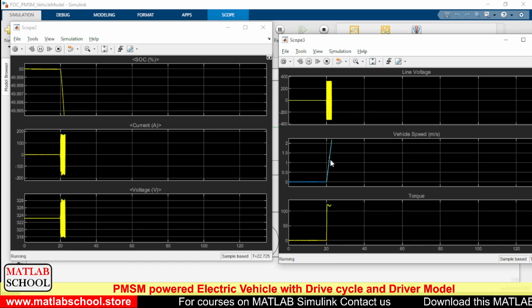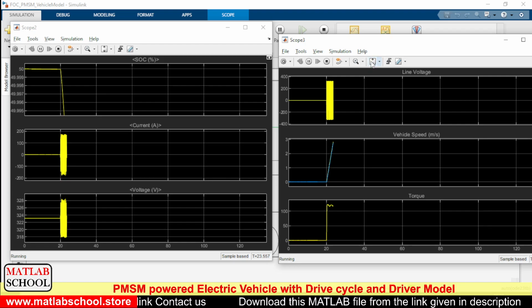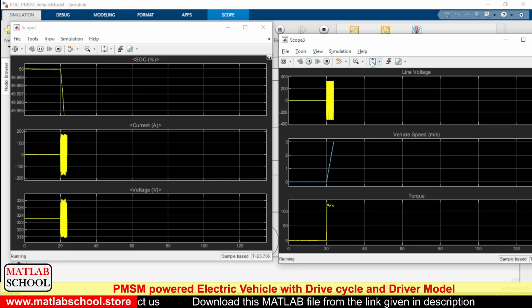Here there are two graphs. The red one, I mean the yellow one is the reference speed and blue one is the actual speed. So as you can see, the vehicle is keenly tracking the reference speed.